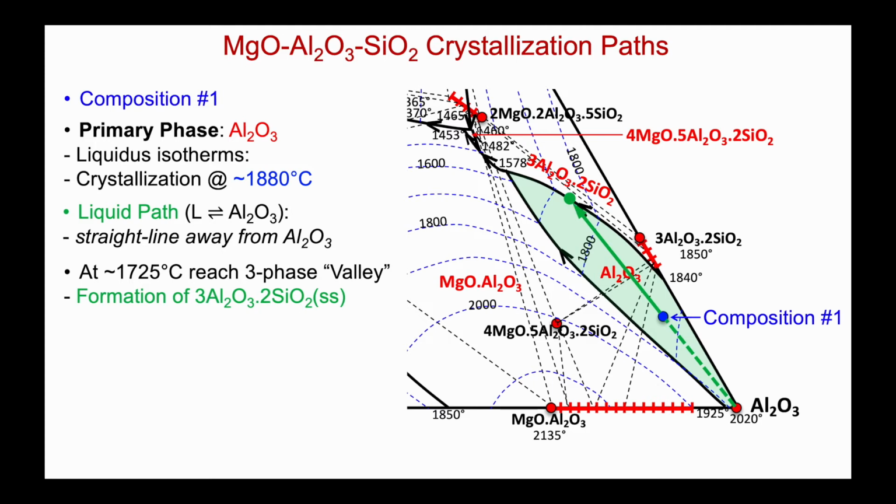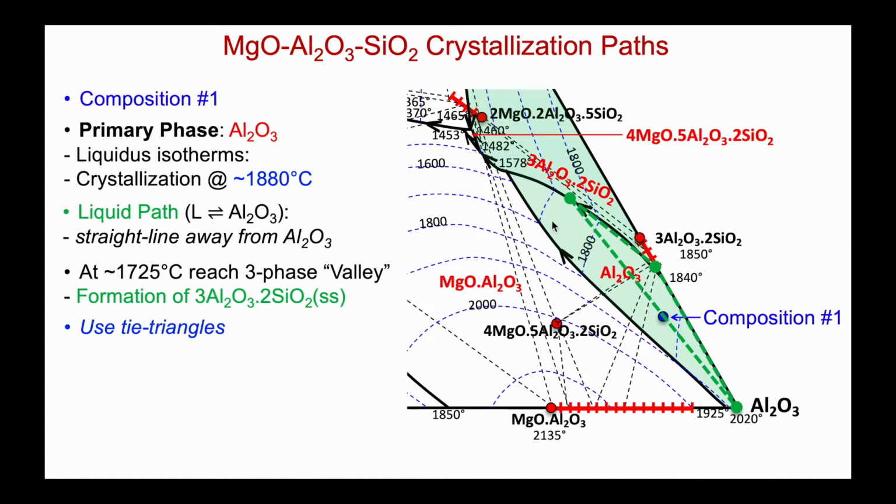And when we do, we're going to start to form a second solid phase whose primary phase field is on the other side of the liquidus, i.e. 3Al₂O₃-SiO₂. Well, now we have a 3-phase equilibrium. We use tie triangles. So let's add the first tie triangle as the liquid just arrives at this valley. So here's my liquid, here's the composition of one solid within this solid solution region, and here's my Al₂O₃.